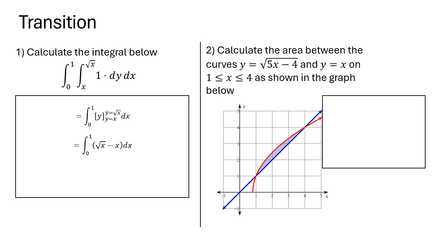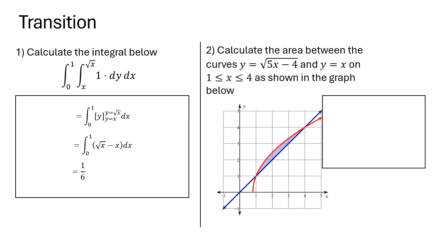Plugging in gives the integral from 0 to 1 of square root x minus x. Then integrating that with respect to x gives 2/3 x to the 3/2 minus 1/2 x squared, which, if you then plug in 1 and 0 and subtract, you get 1/6.